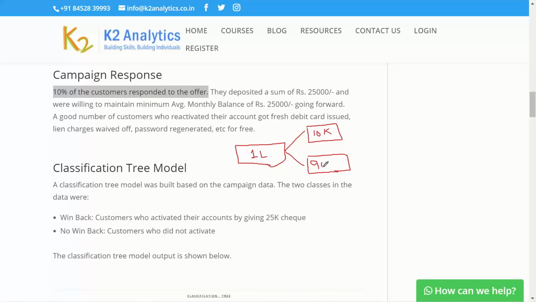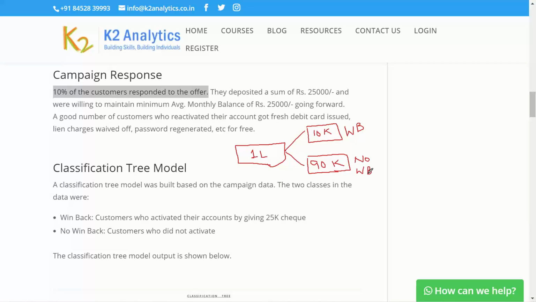So here you have 90k. So these two segments, I can say this is win back and this is no win back. Again, I have got two classes: win back, no win back.